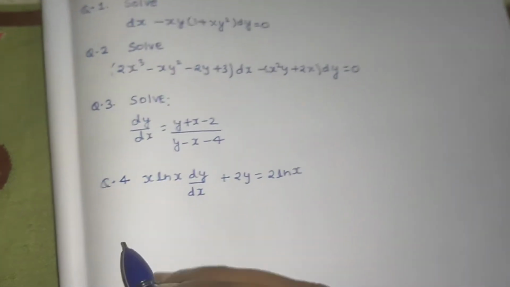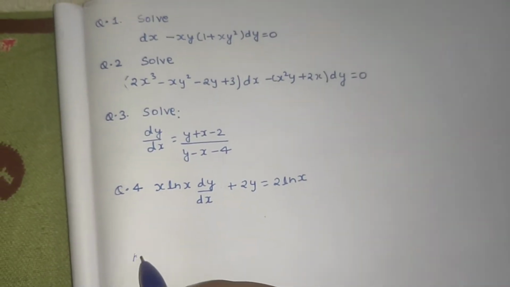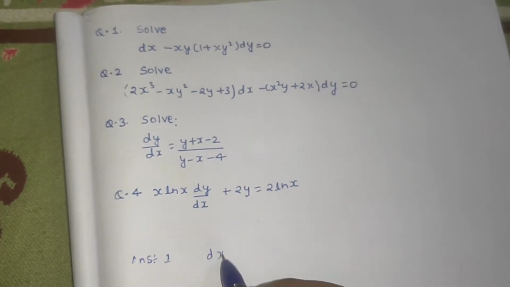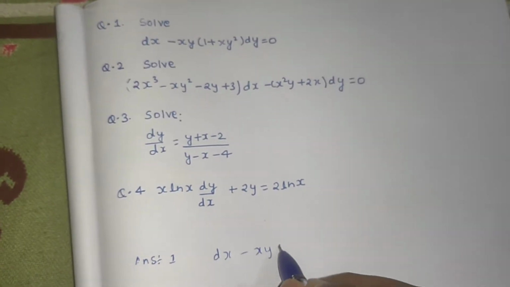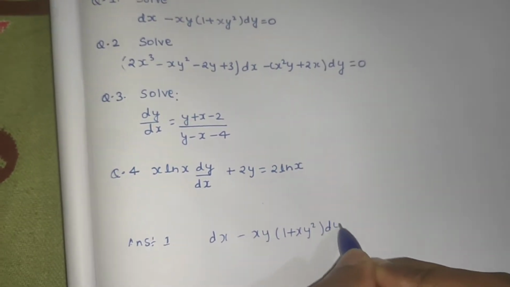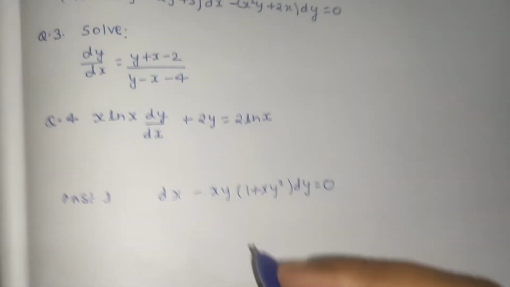So we are in the first question. The equation is dx minus xy times 1 plus xy square dy equals 0.